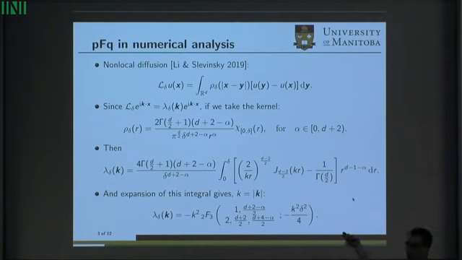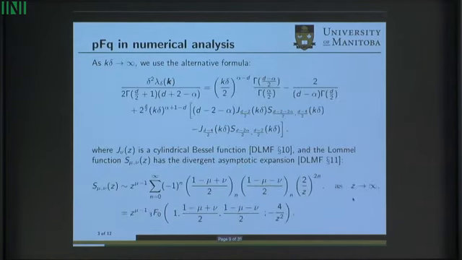This expression here actually runs out of steam, and the beautiful thing about hypergeometric functions is sometimes you can have all sorts of different expansions. And so the other thing we did is we took a look at when the modulus of the wave number multiplied by delta, this kernel horizon, tends to infinity, and we got a full asymptotic expansion given in terms of Bessel functions and Lommel functions.